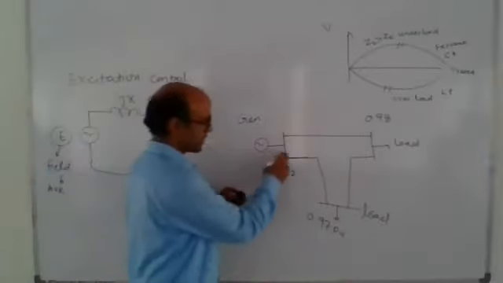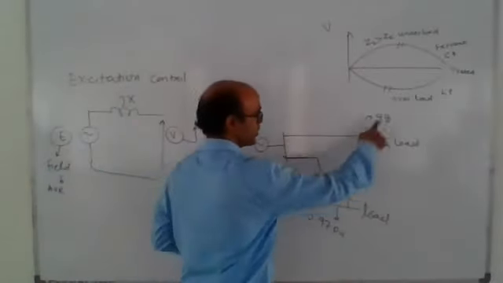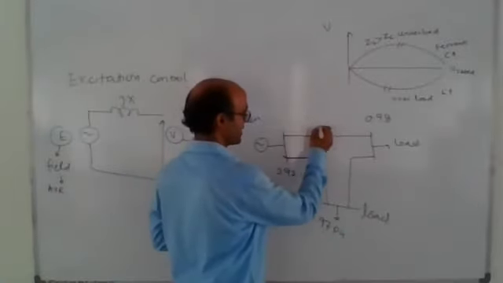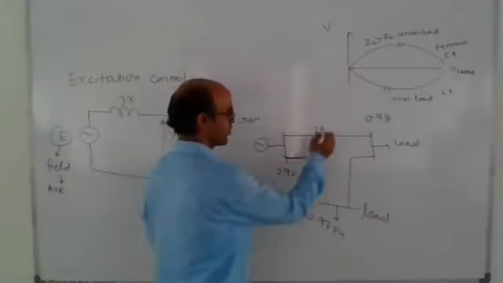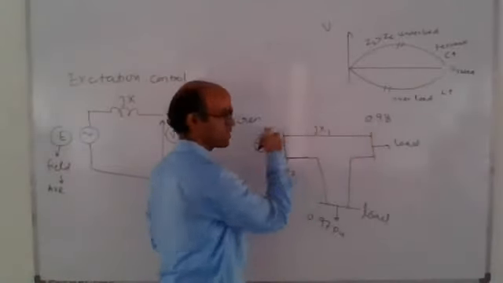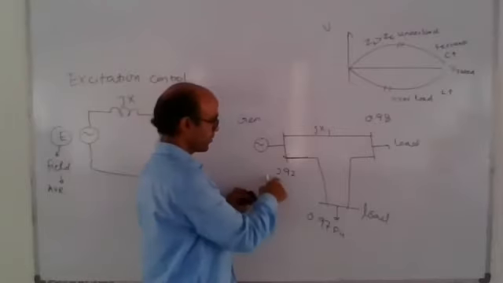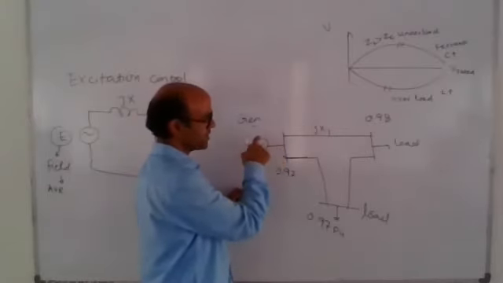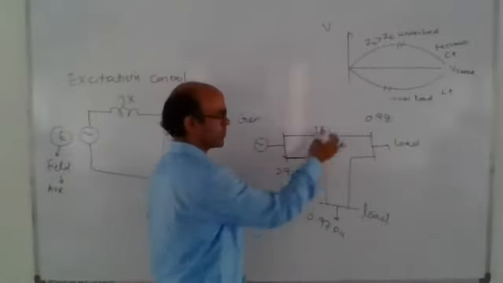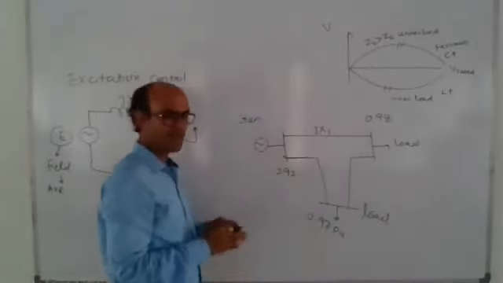So if this voltage is varying, then the nearby voltage is also affected. Because, suppose this is a JX1. Right now, current is going from this side to this side. But if you are increasing this voltage, then there may be a chance of current going to this side. So the voltage profile will be affected, right?